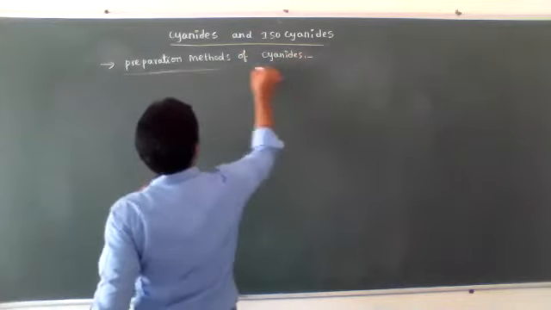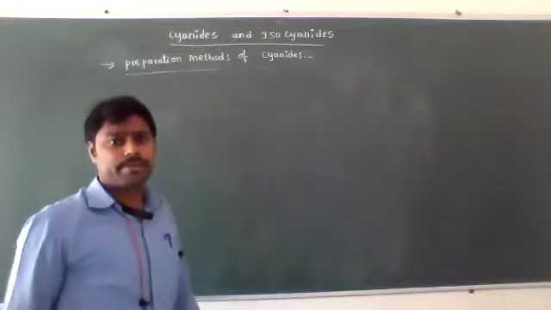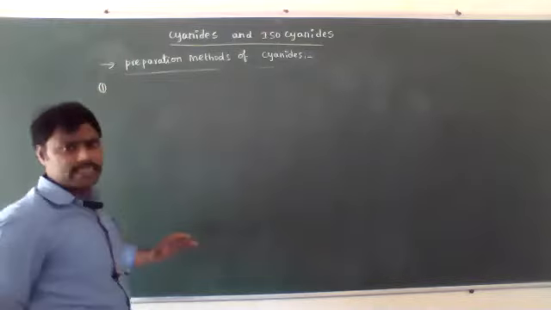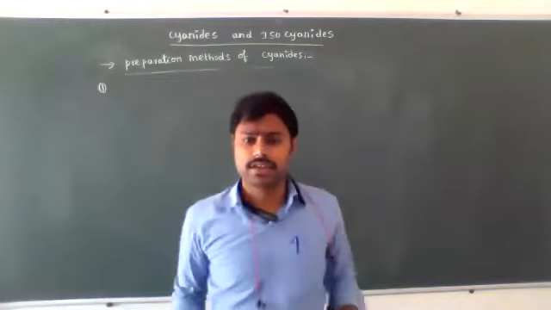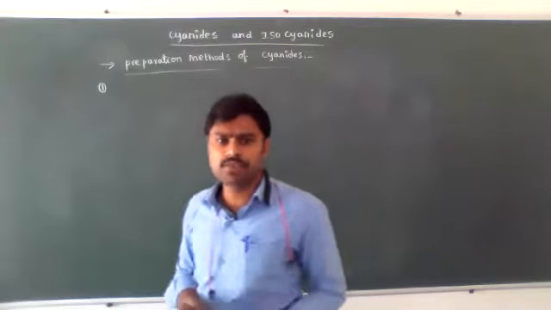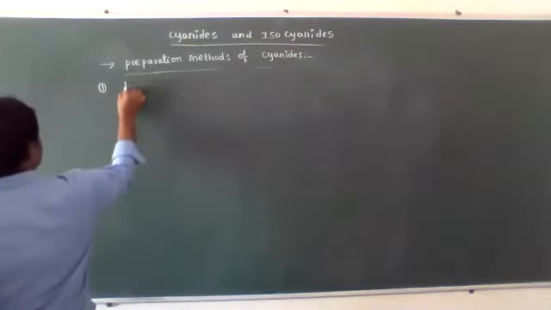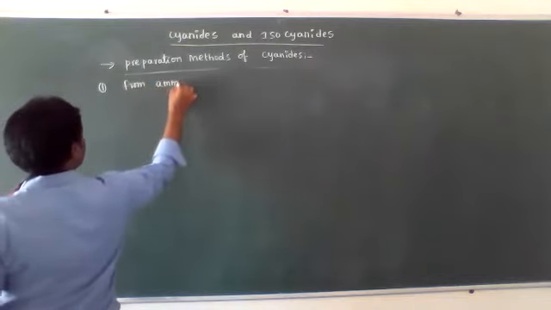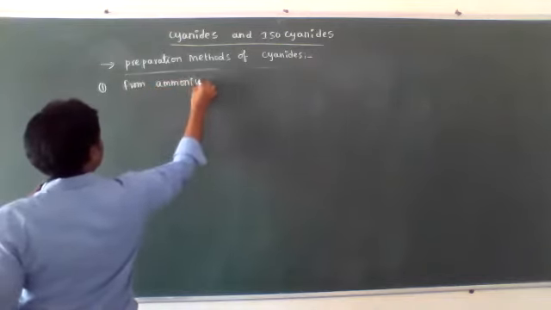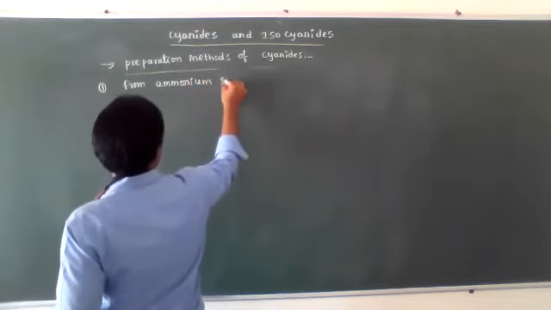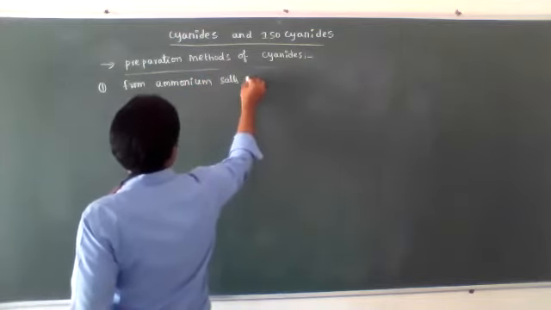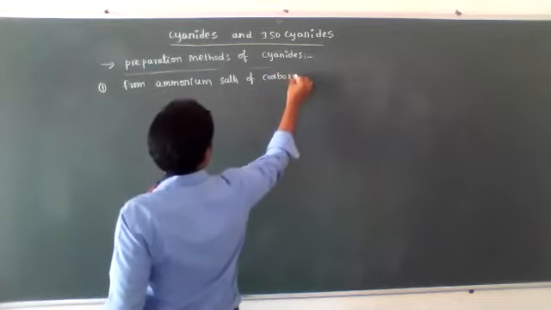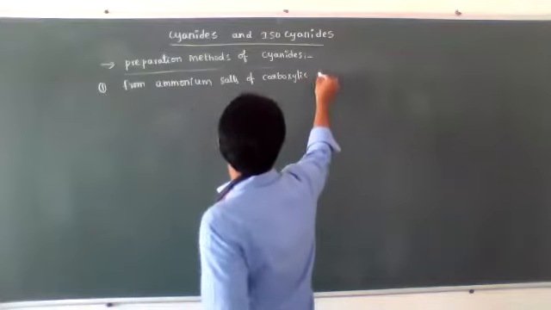What are the different methods we are using for the preparation of cyanides? Let's see. First one, this method earlier only we have discussed. What, ma? From ammonium salts of carboxylic acids.